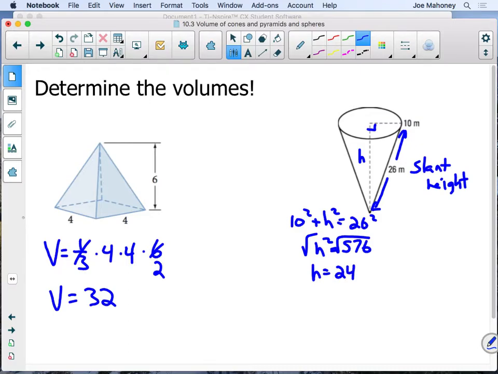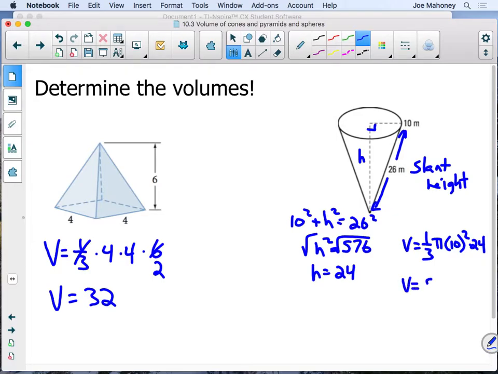So now we can go to our volume. Our volume is 1/3 the area of the base. Now the base is a circle, so it's pi times the radius squared multiplied by the height of the cone. We found that to be 24. If we do some calculations here, 1/3 of 24 is 8. 10 squared is 100.